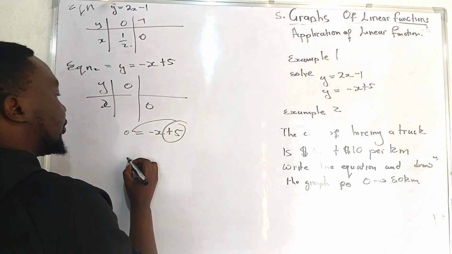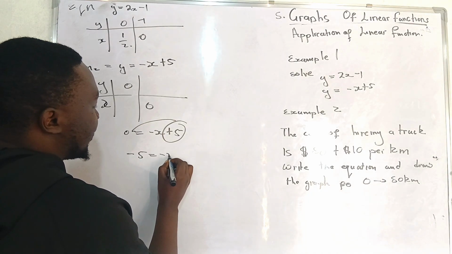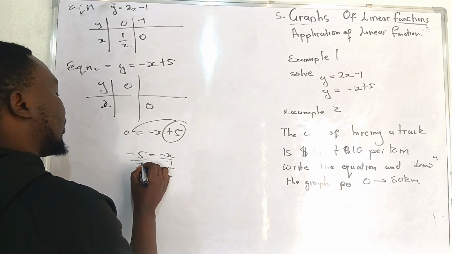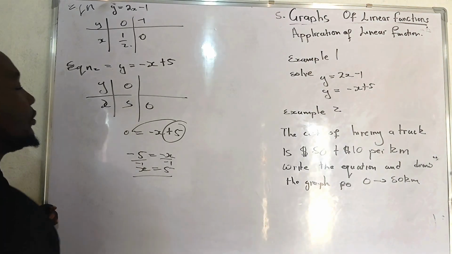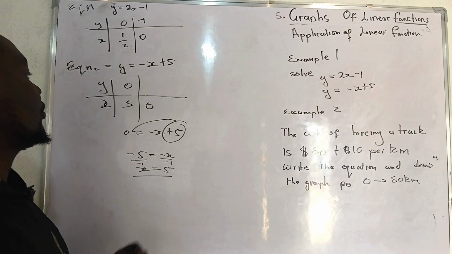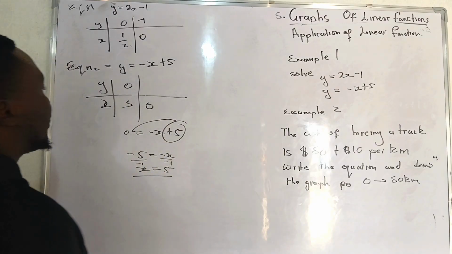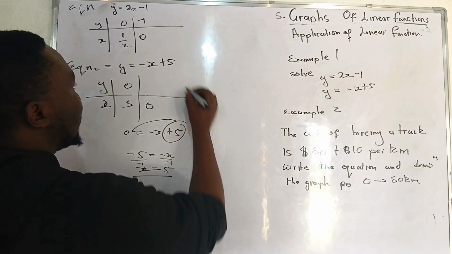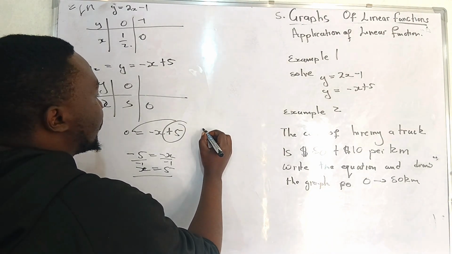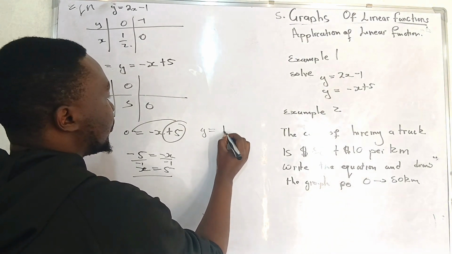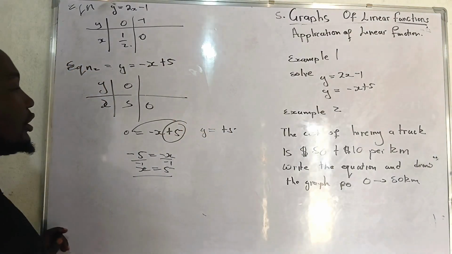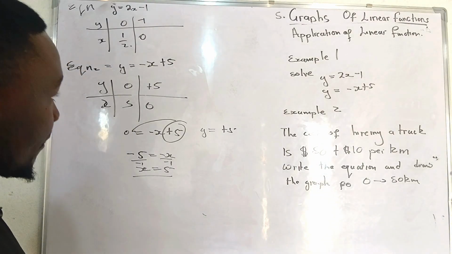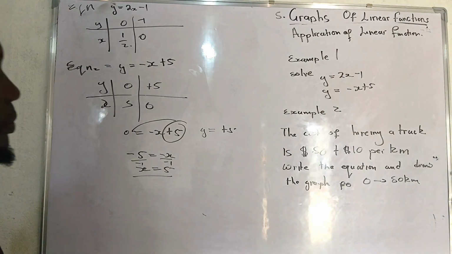We move the 5 to this side, it becomes minus 5 equals minus x, so x is 5 because we divide by minus 1. Then when x is equal to 0, y is equal to plus 5. So we have our two tables.